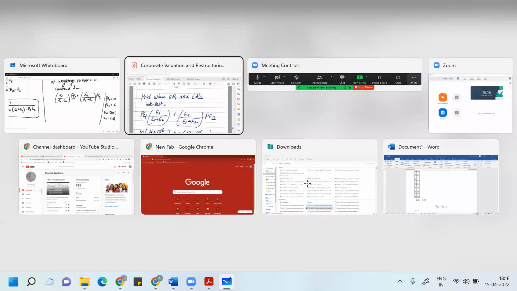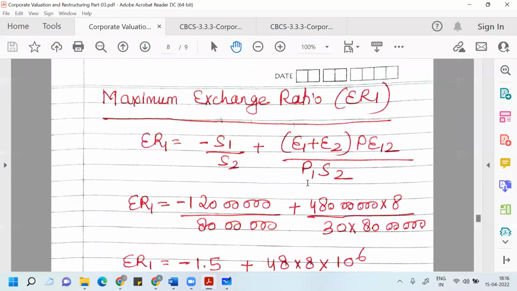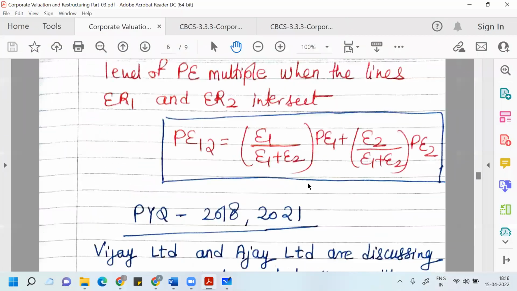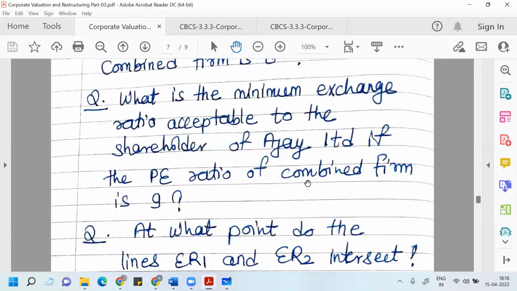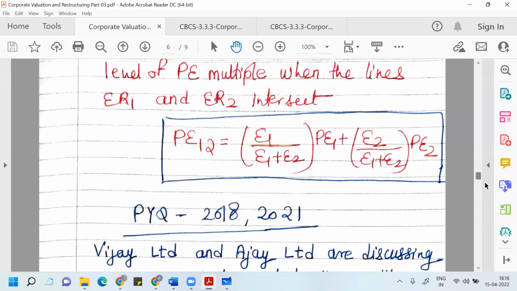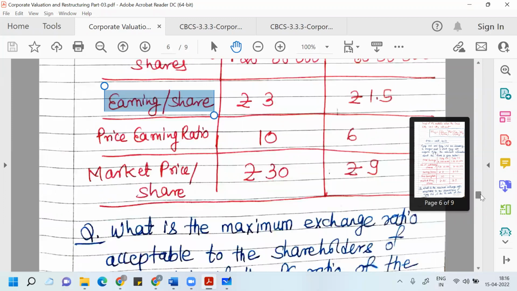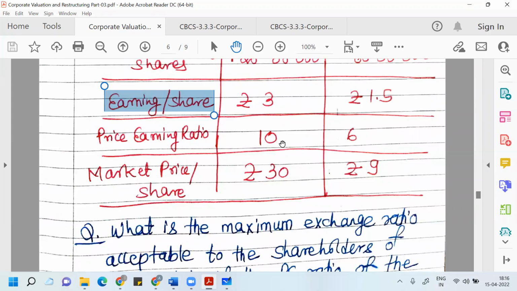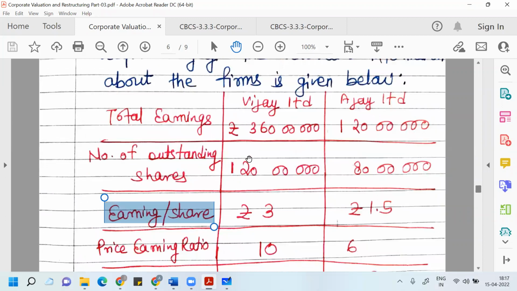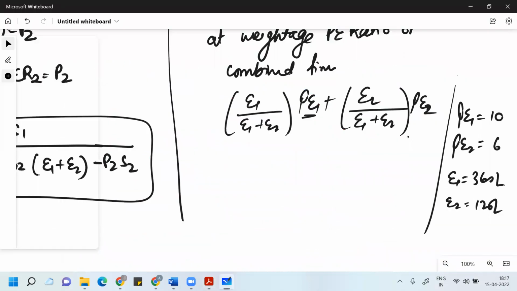So let's check with the book. So PE1 is 10 and this is 6, and E1 is 360, E2 is 120. So you can understand this, guys.